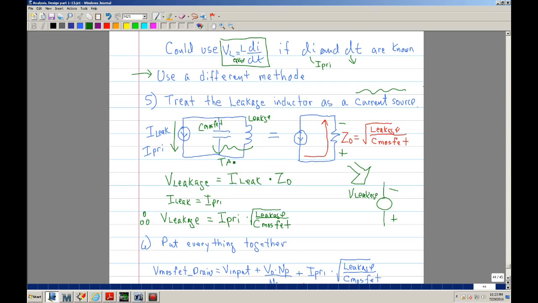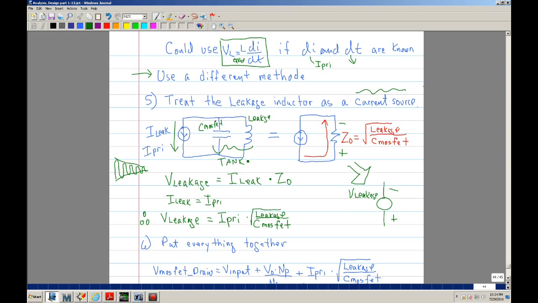It's a tank. And because it's a tank, there's a formula that you can use to simplify this. Since it's a tank, remember a tank oscillates, and remember when you have the leakage inductance, it's oscillating, you have this little ringing that you get. So you can use this concept.